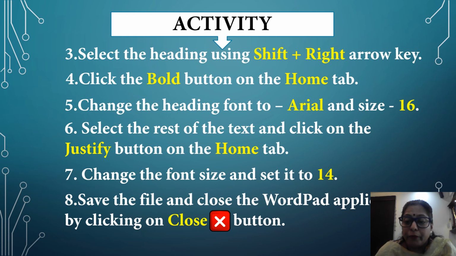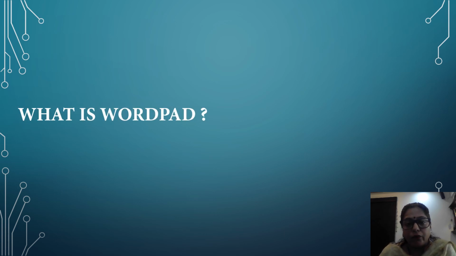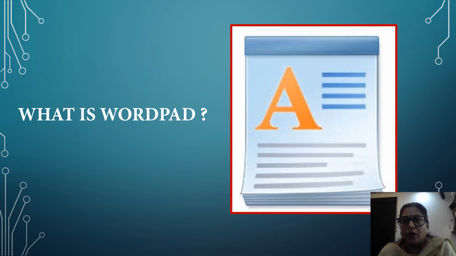Before we start our activity, we are going to understand what is WordPad. WordPad is a word processor application that we use to write letters, stories, poems, etc. on a computer.